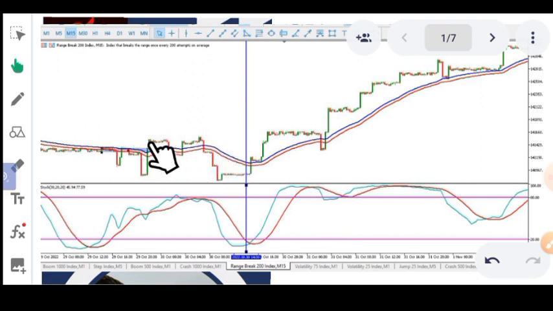So it's a resistance. It acts as resistance when price is below it, and acts as a support when price is above it. Okay, but how do you trade this? How do you use this to make up a strategy that can fetch you cash? Let me show you guys this now.